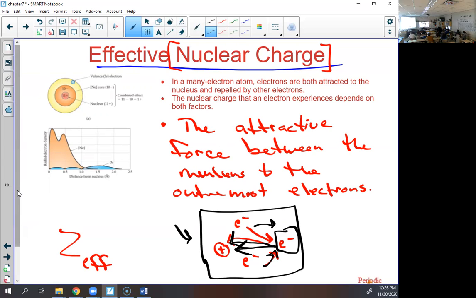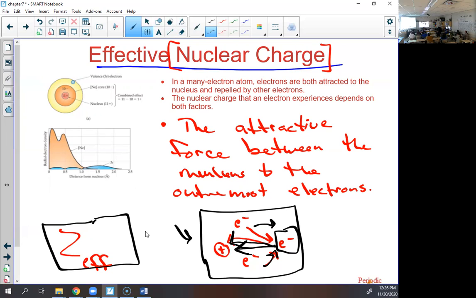Okay, now, effective nuclear charge is sort of a pain to write. So it is typically abbreviated as Zeff. We'll do a little tiny piece of math to learn what Zeff is. Anyone need more time on this slide?